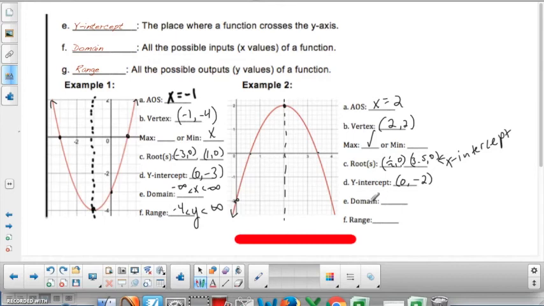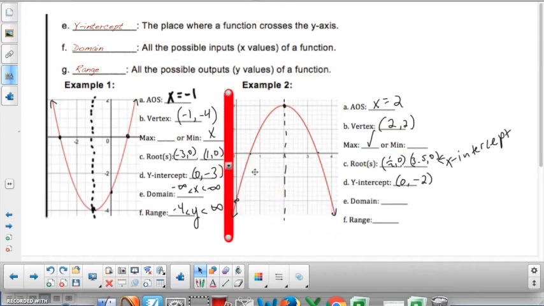Again, remember that if it goes to the edges and there's no indication that it should stop, then you can assume that there are arrows. So let's go ahead and take my little makeshift pencil here. And remember, domain is going to be left to right. You are going to have an x, and you want the smallest possible x and the largest possible x.